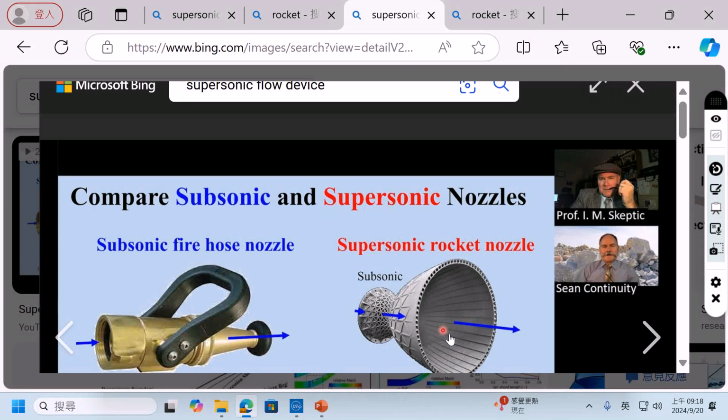So the high pressure here, and here is low pressure. And we put air here.